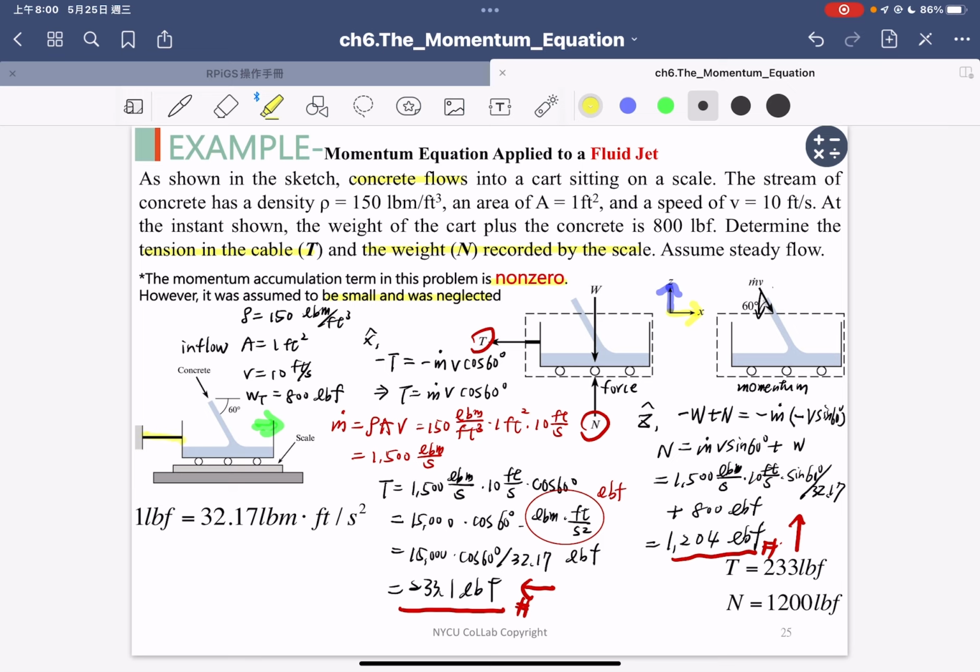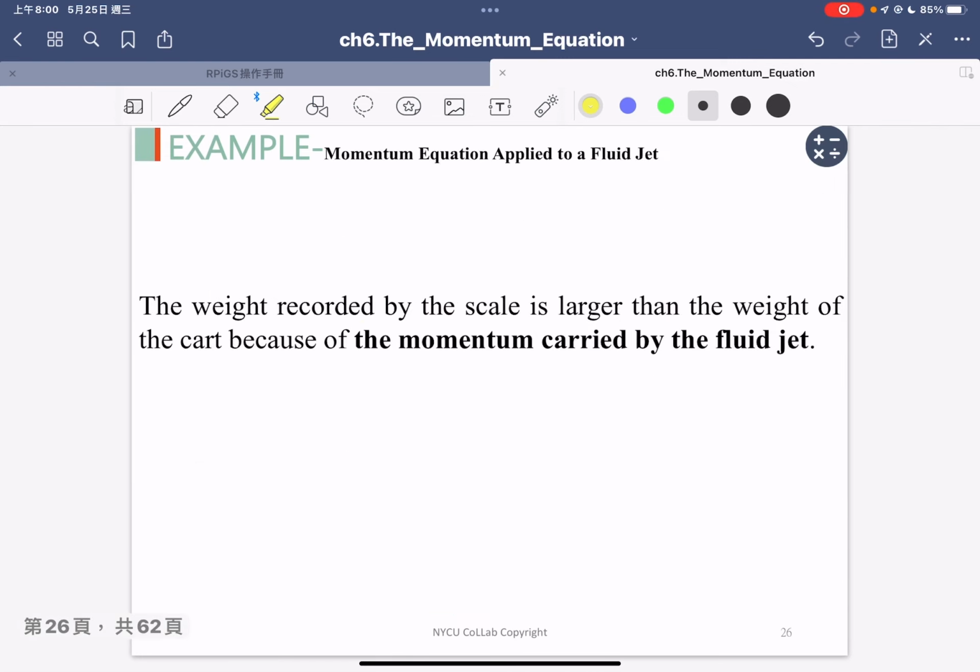So we have the tension force to hold the car. And because you have the concrete flow, you have additional weight caused by the concrete flow. So let's conclude that the weight recorded by the scale is larger than the weight of the car because of the momentum carried by the fluid jet.